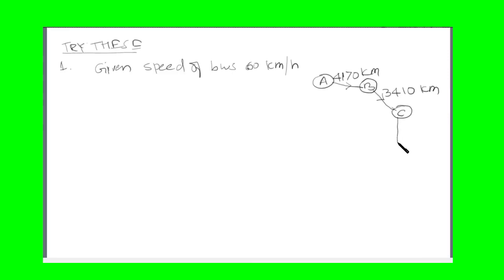From C to D the distance is 2160 kilometer. Then it reaches to E. The distance given is 8140 kilometer.